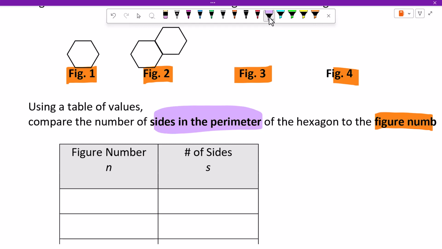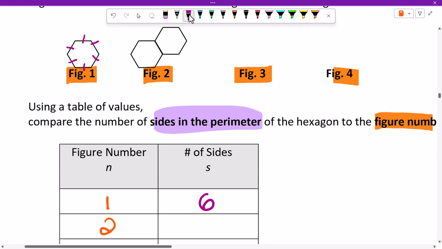So we have our first figure on the far left here. Okay? How many sides are in the perimeter of this one? 6. We count them up. 1, 2, 3, 4, 5, 6. Then we look at the second figure and go, okay, how many sides are in the perimeter here? 10.